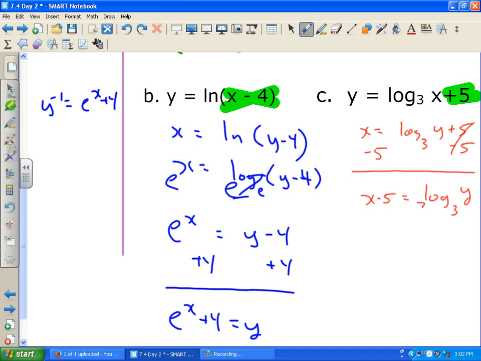I'm going to introduce a base 3 to the right-hand side and a base of 3 to the left-hand side. Here's the difference between letter B and letter C. That quantity x minus 5 is now all up in the exponent position, where on the previous problem it was not. So there's my identity. I have y. Now my inverse function is 3 to the x minus 5.